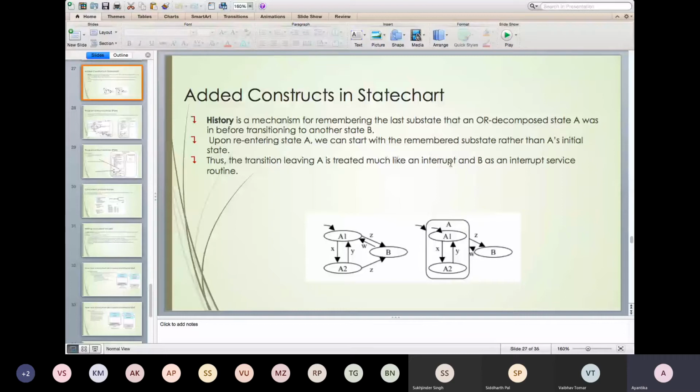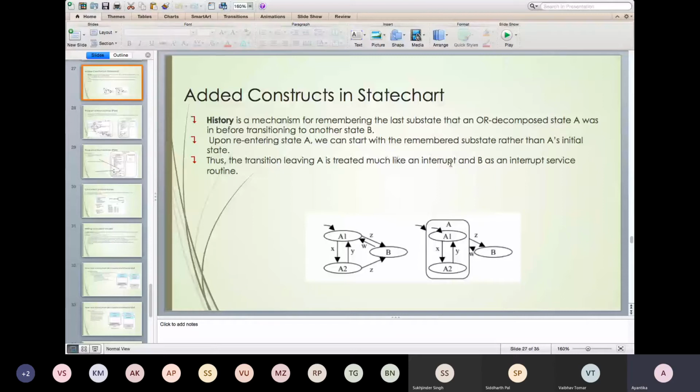Your operating system stores the execution details of your ongoing process somewhere and shifts to handling that interrupt. When the operating system resumes your halted operation, it resumes from that state. So basically, it is maintaining the history of your interrupted state. You can model a similar concept with this history construct.